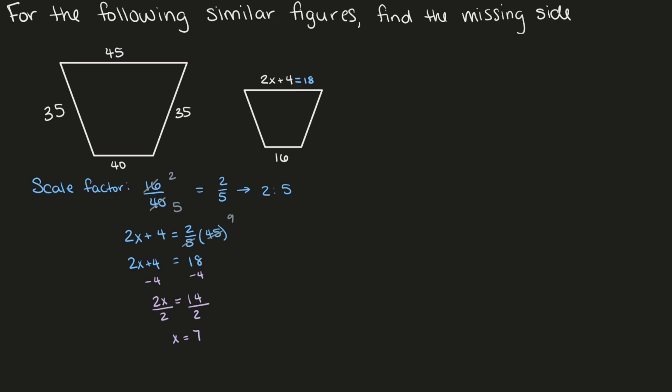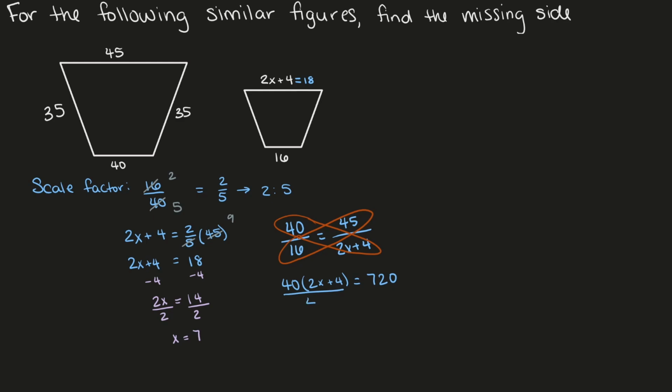So we can set up our proportions using our corresponding sides. 40 over 16 is equal to 45 over 2x plus 4. So we'll cross multiply. 40 times 2x plus 4 is equal to 16 times 45, which is 720.